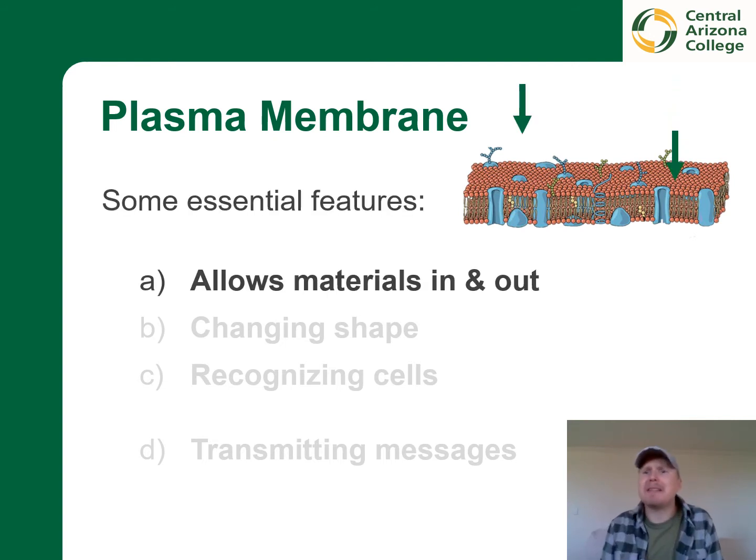So let's look at some of the essential features of the plasma membrane. As the first one, I want to mention that it is the plasma membrane that is in control of allowing certain materials to enter and exit the cell, as we saw, while other materials are prevented from crossing the membrane.